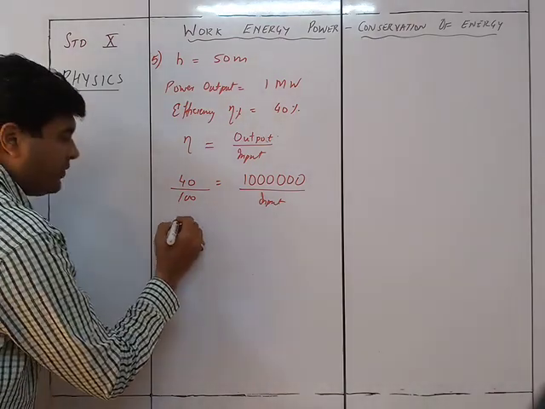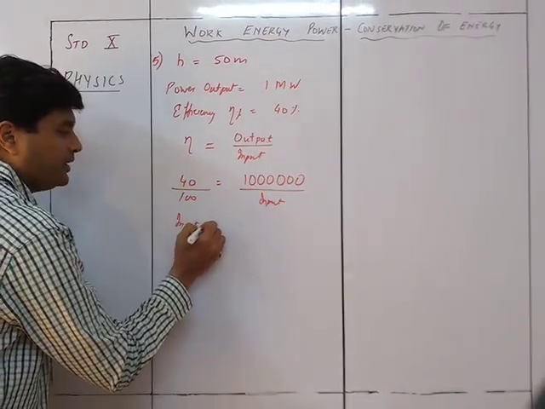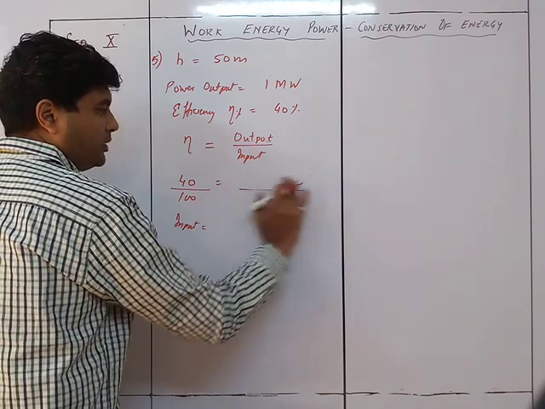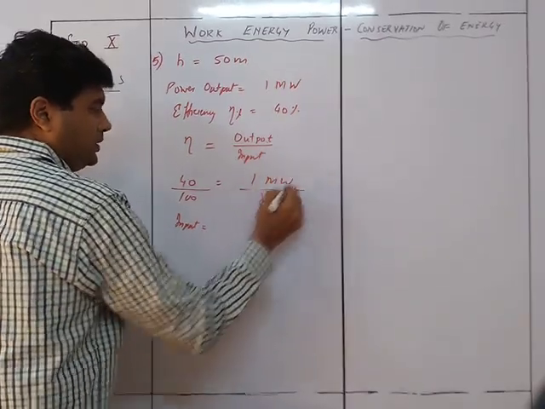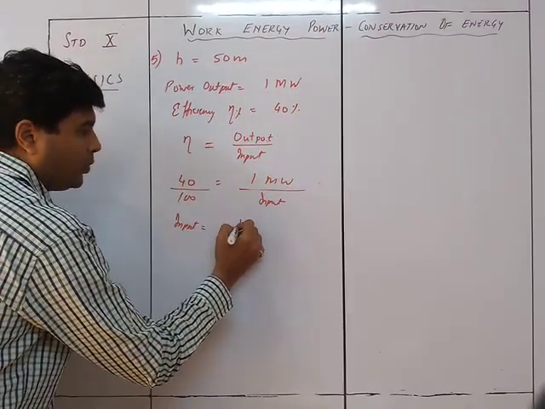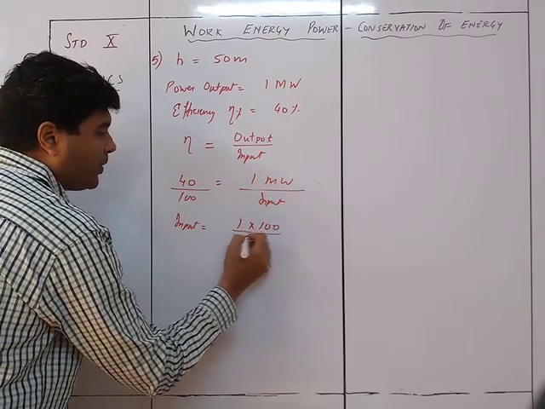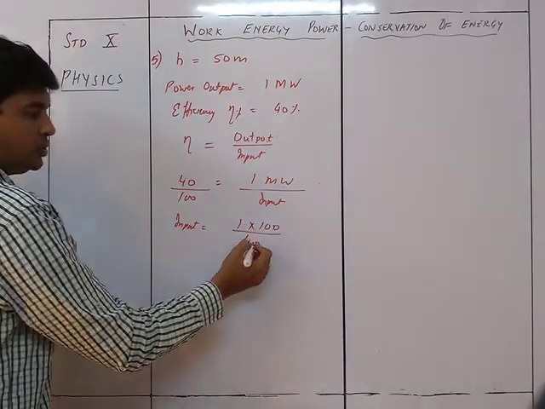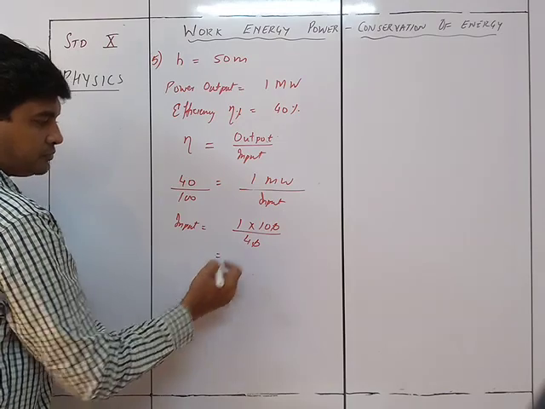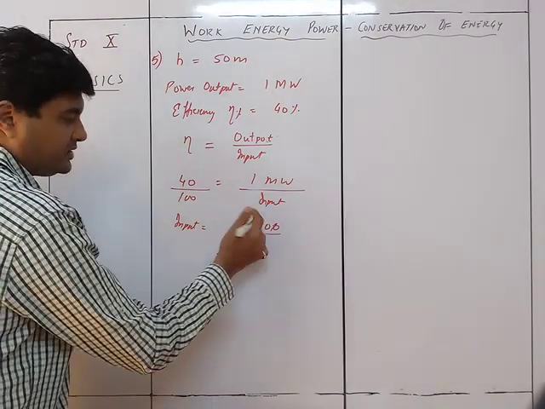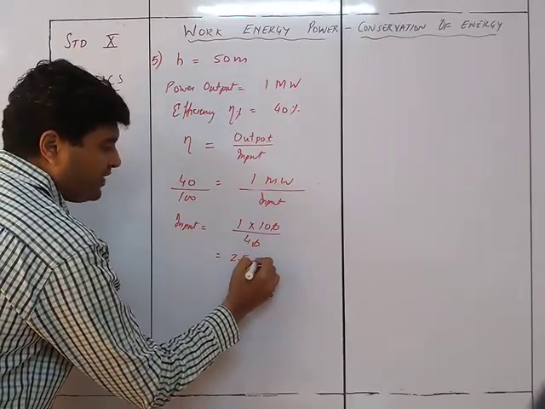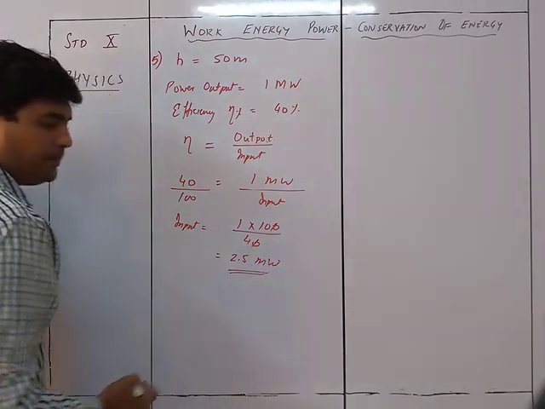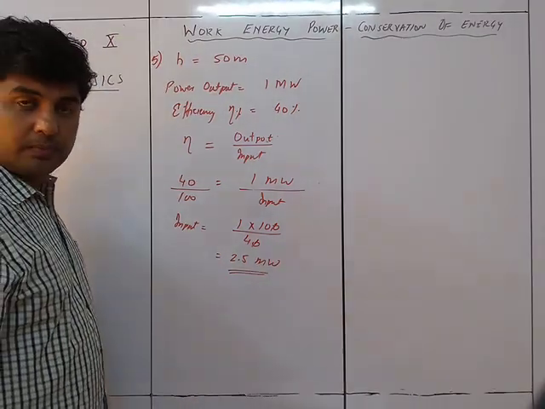So accordingly we have input is going to be, or we can keep it 1 megawatt only, we'll make it easy, 1 megawatt. So input will be equal to 1 into 100 upon 40. So that will give me as 2.5 megawatt. Input will be 2.5 megawatt.